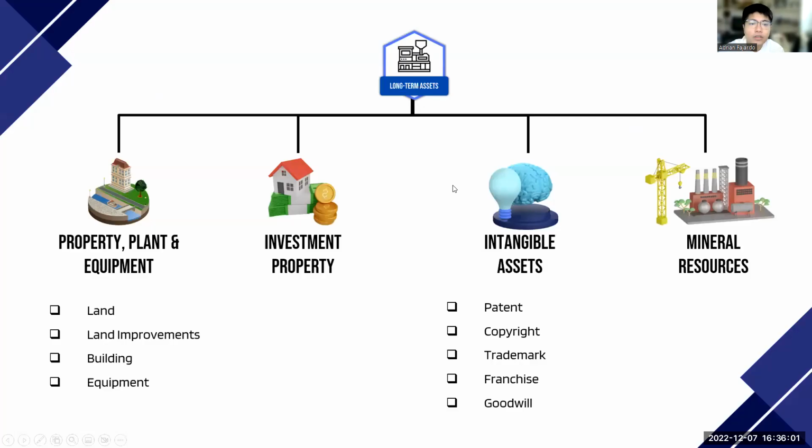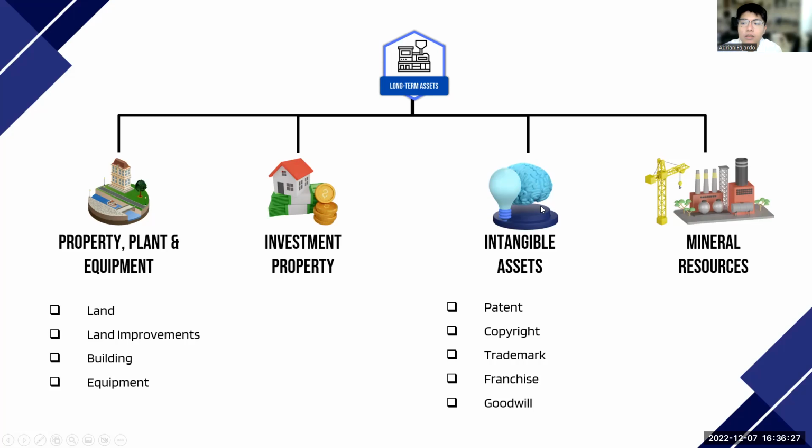Now that everything's aligned, let's first take a look at an overview of long-term assets. In essence, for non-current assets, there are four major assets under this. You have your property, plant, and equipment, or PPE, your investment property, and then your intangible assets and mineral resources. PPE part 1, which would be the coverage of your quiz 4 for the second part, would really focus on property, plant, and equipment.